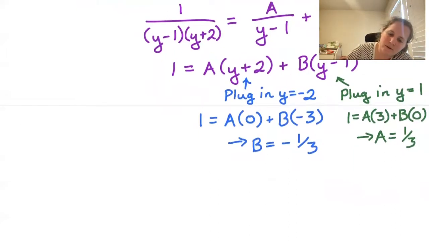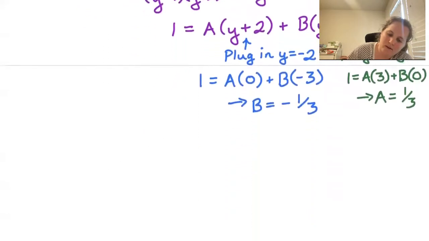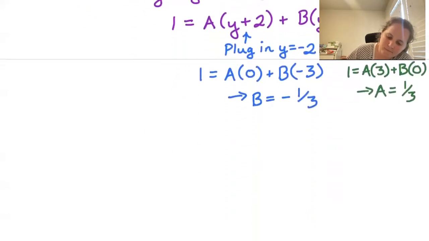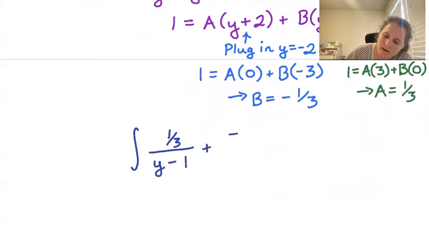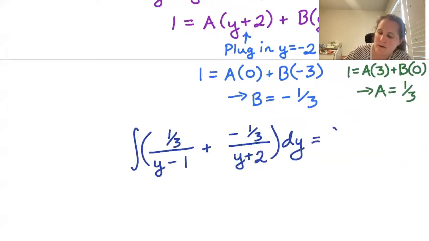So we are therefore looking at the integral of 1/3 over y minus 1 plus -1/3 over y plus 2 dy is equal to the integral of x squared dx.